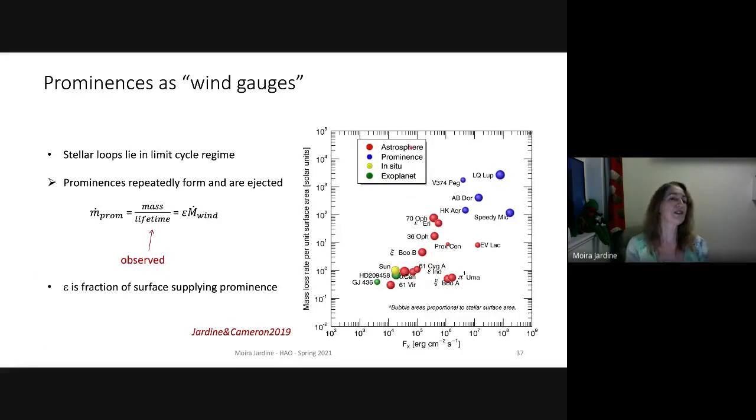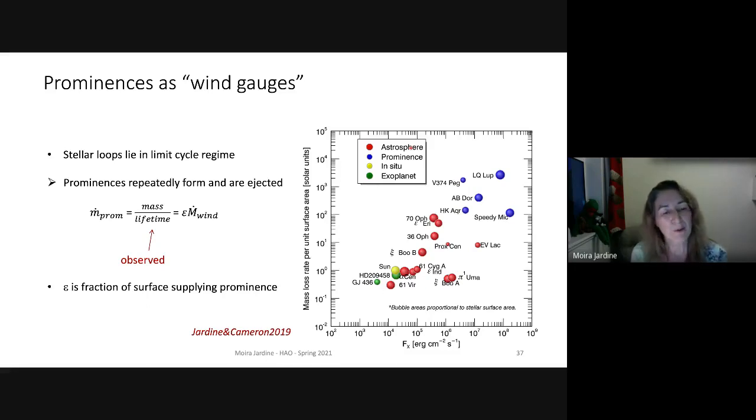So because of this, the rate at which prominences form and are ejected is essentially telling us the rate of flow of mass. It's just mass divided by lifetime. And those are both things that we can observe. So by observing the masses of prominences and how long they live for, we can infer the rate at which mass flowed into them, and therefore we can infer the rate at which mass was being lost in the entire wind.